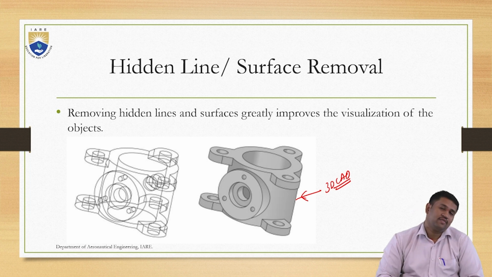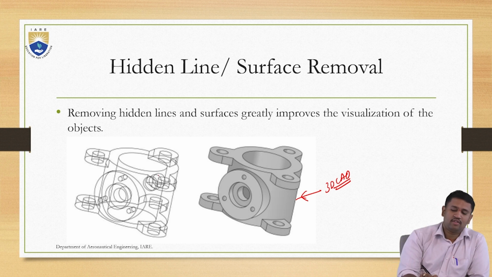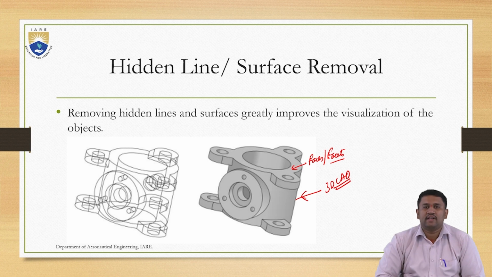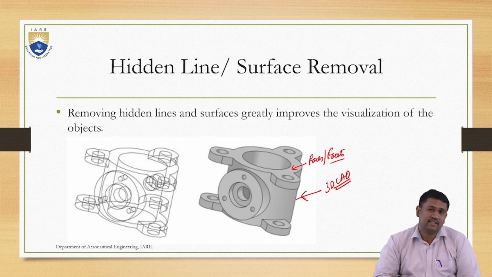In order to visualize all the features which are showing up front as well as behind the object, you should be able to hide certain faces or facets. These are supposed to be hidden, in order to visualize that particular body or feature better.